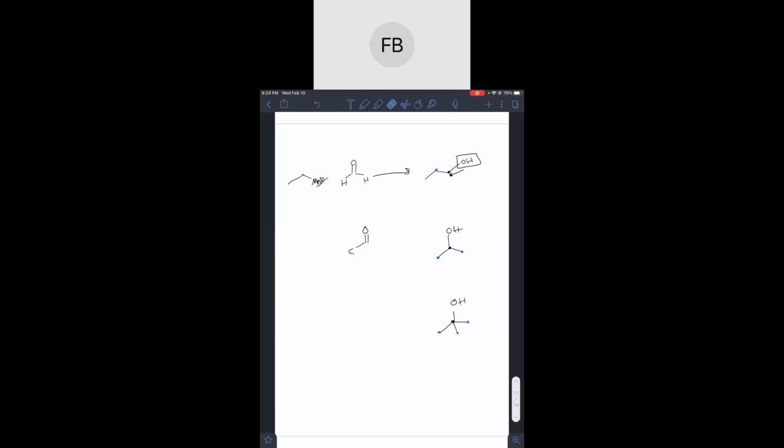Okay. So now that we got that out of the way, when we have a primary alcohol, see the O is attached to one carbon, that carbon must have not been attached to any other carbons. That's the example I wrote above. Now, when we have a secondary carbon, that carbon must have been attached to one carbon and another hydrogen, right?